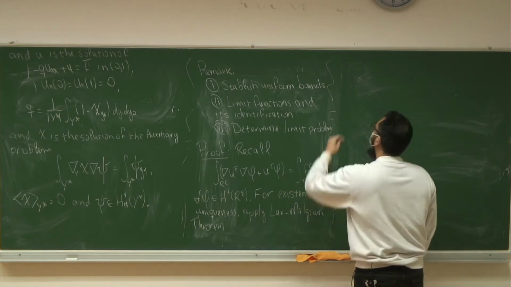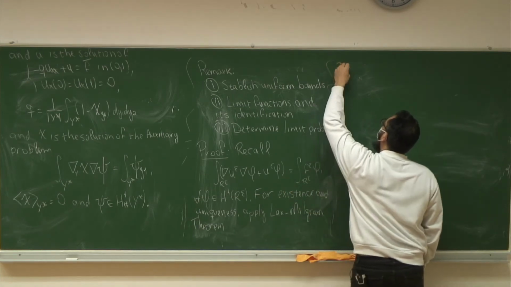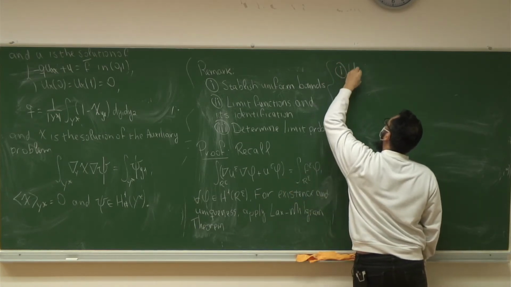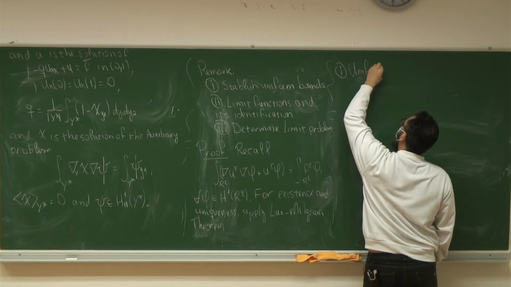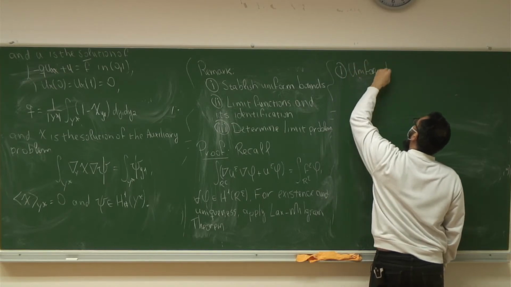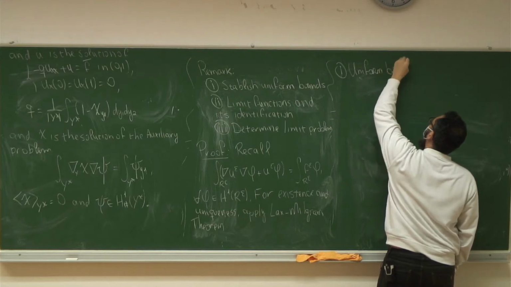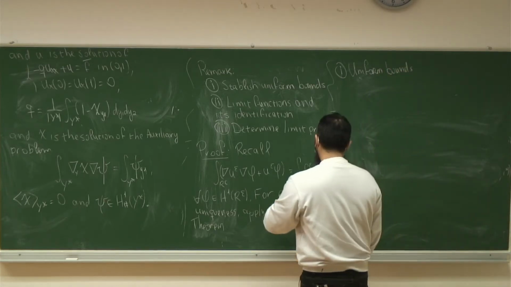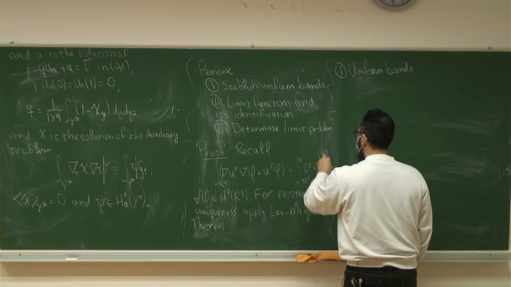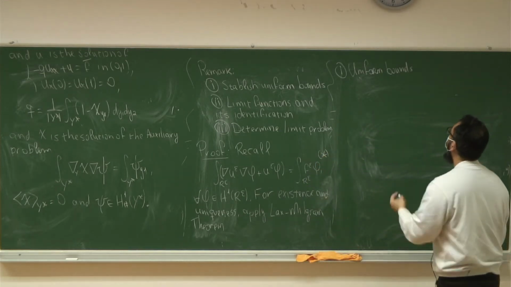So let's first prove the uniform bounds. Let me call this variational formulation star for the moment.